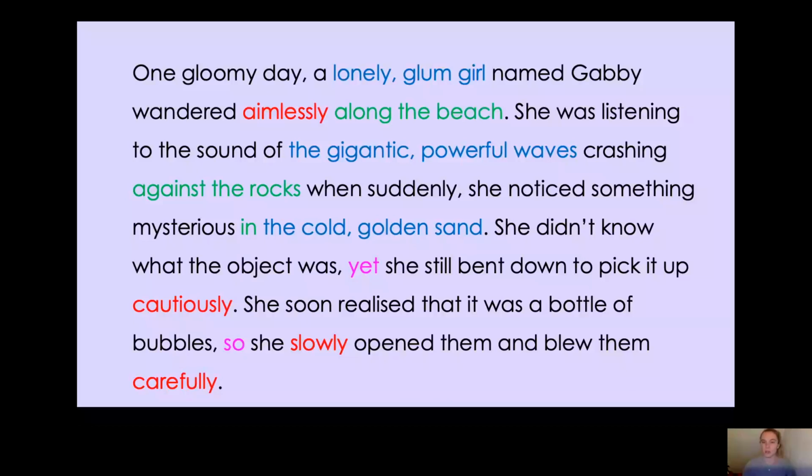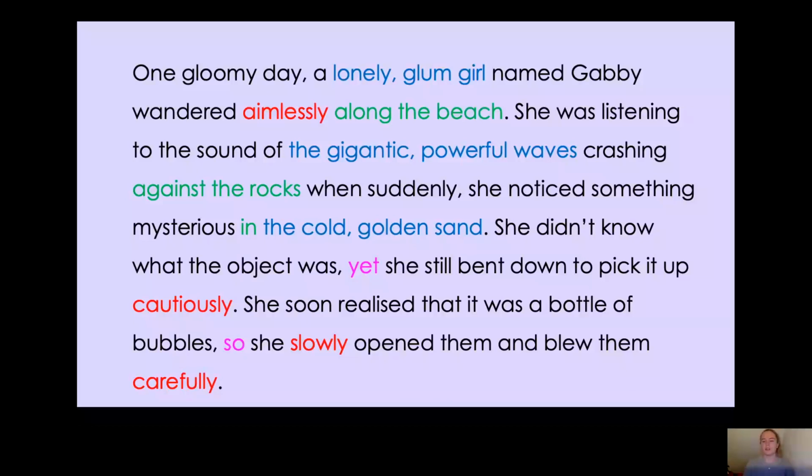So cautiously, because she didn't know what it was. She still bent down to pick it up slowly. She still bent down to pick it up nervously. She still bent down to pick it up gently. There's lots of different options that I could have used there.